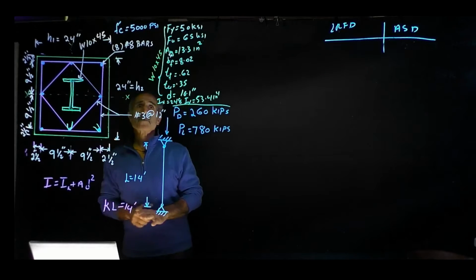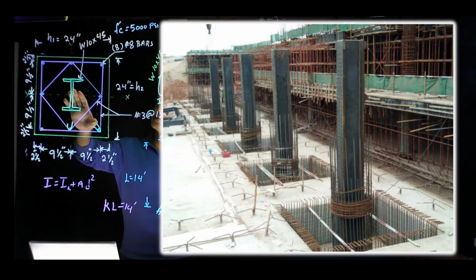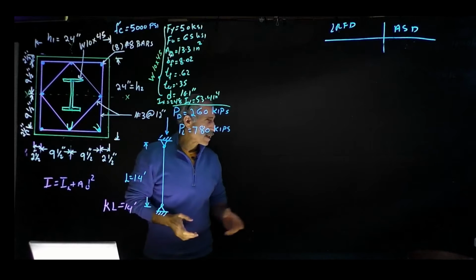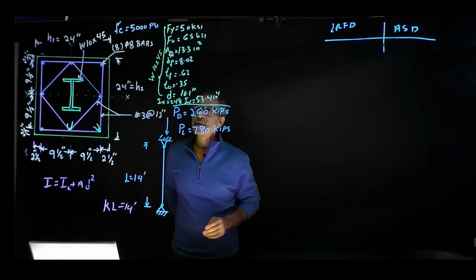So the first thing we do is, the problem says a W10x45, and it says ASTM A992. So if we go to Table 2-4, we know that means our Fy is equal to 50 ksi and Fu is equal to 65 ksi.